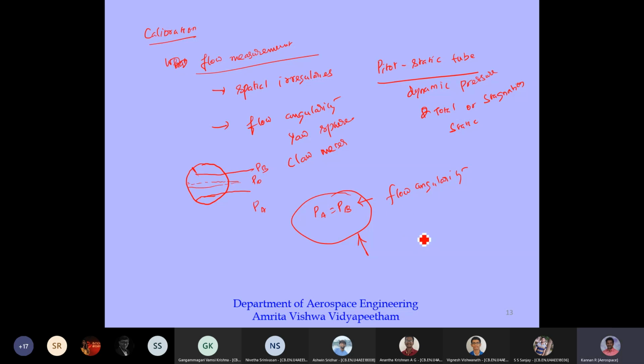In the case of a claw meter, what will happen? We are going to have 45 degree tubes. If you put it in the flow, same way, your A, your B, we are going to see your PA and PB. Based on that, you are going to measure your flow angularity.